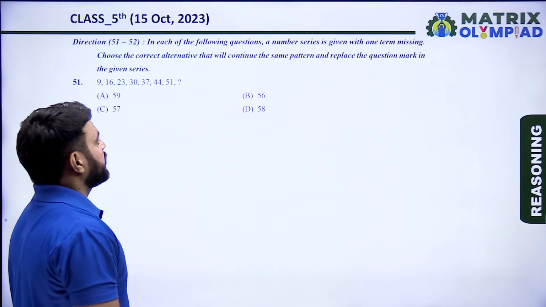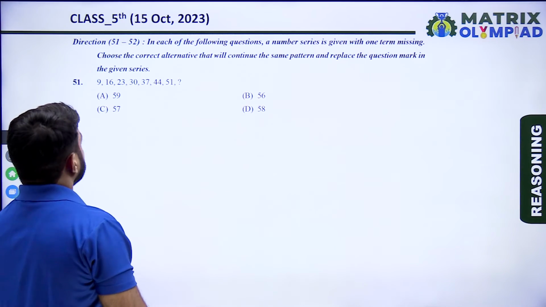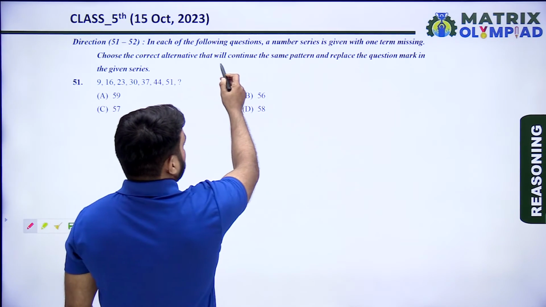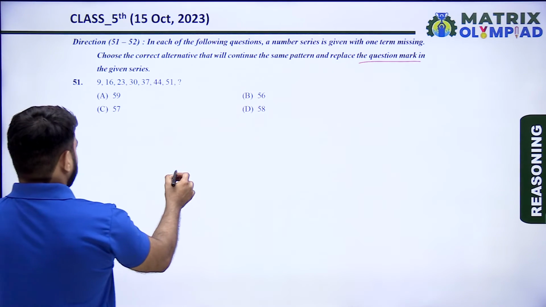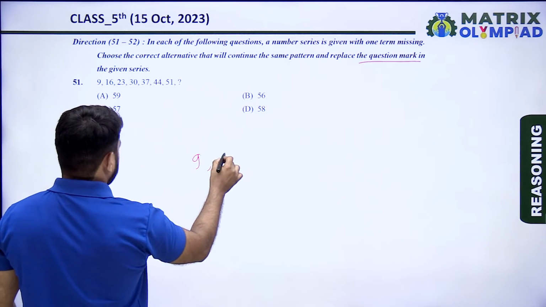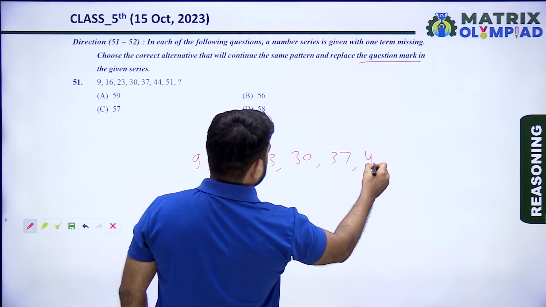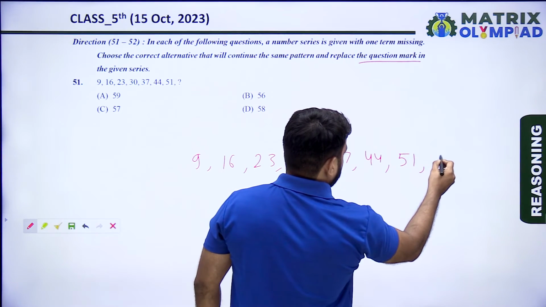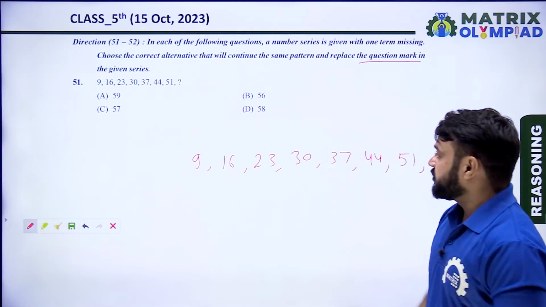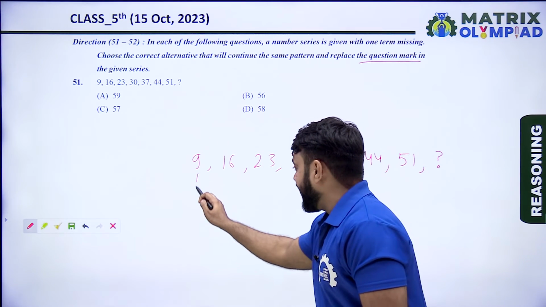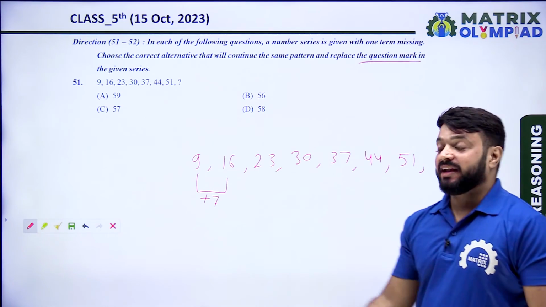In each of the following questions, a number series is given with one term missing. Choose the correct alternative that will continue the same pattern and replace the question mark in the given series. So the series is 9, 16, 23, 30, 37, 44, 51 and find the next term. First find the pattern. If we add 7 to each term, we get the next term.